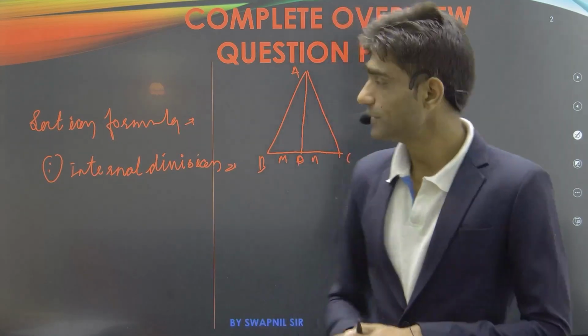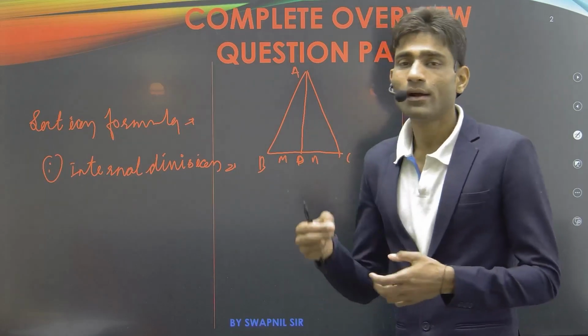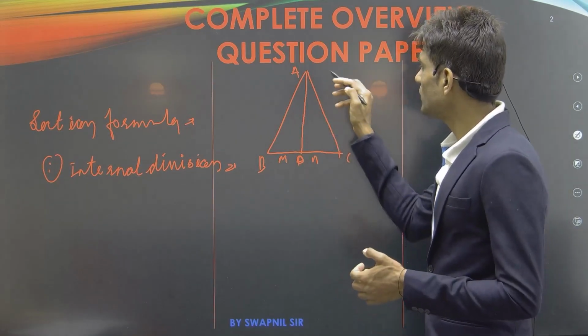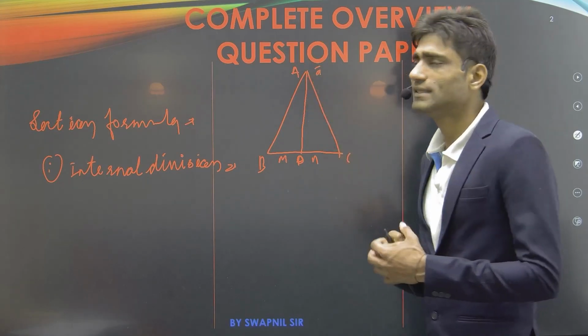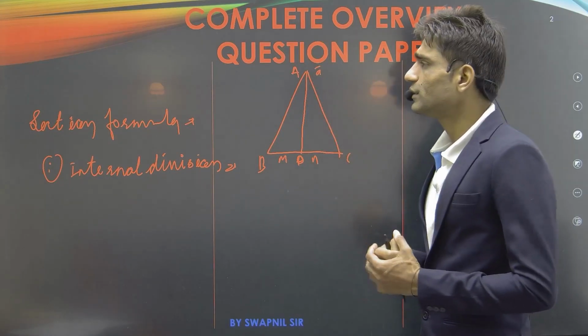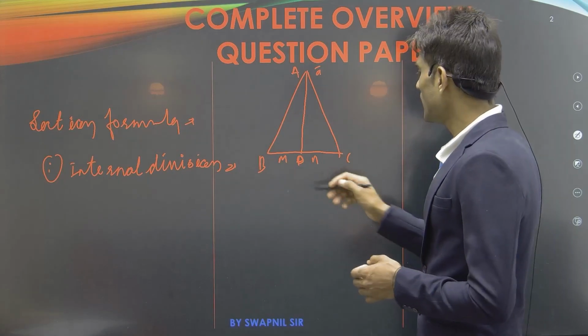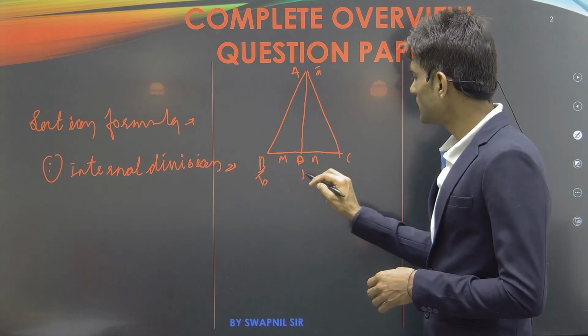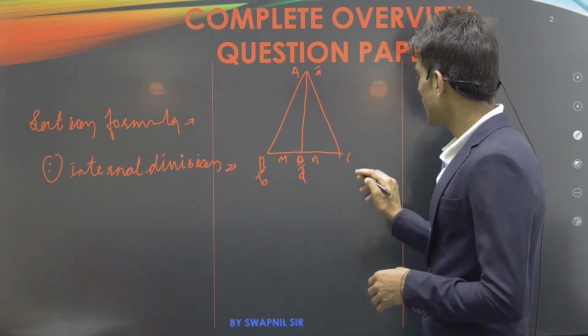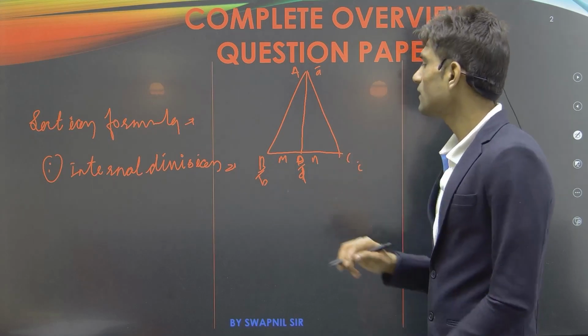In our vector chapter, every vertex has a position vector. So with vertex A consider position vector A bar, with vertex B consider B bar, with vertex D we have position vector D bar, and with vertex C we have position vector C bar.